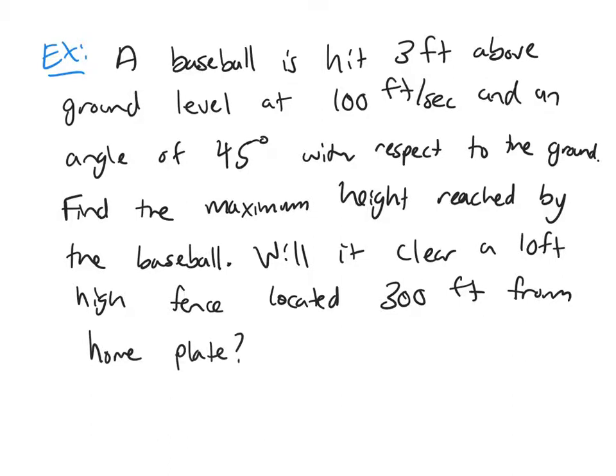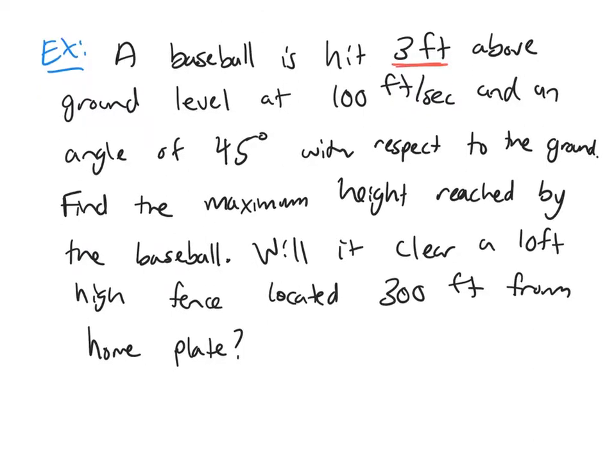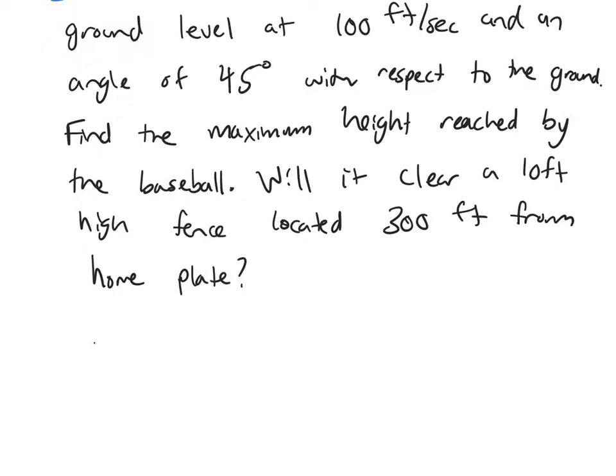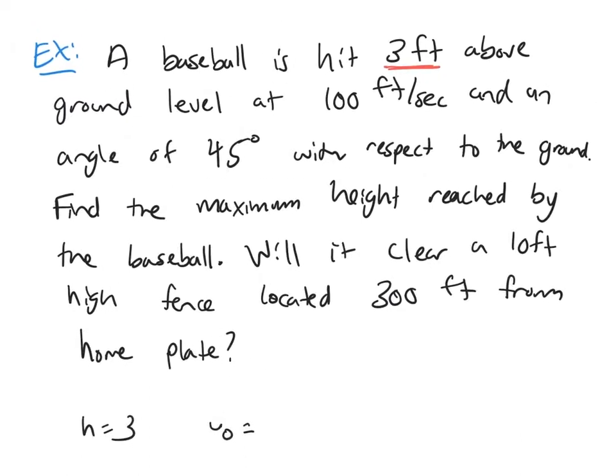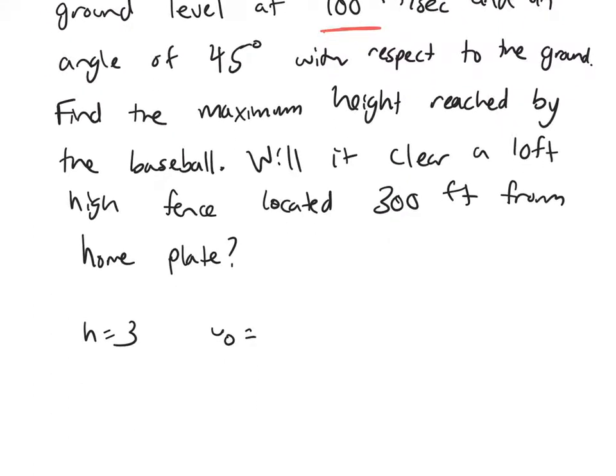So let's break down all the information we were given. They gave us the h, the initial height. h was 3. They gave us the initial velocity, v0. It was 100 feet per second. I'll just write 100 here. They gave us theta, the angle of elevation.